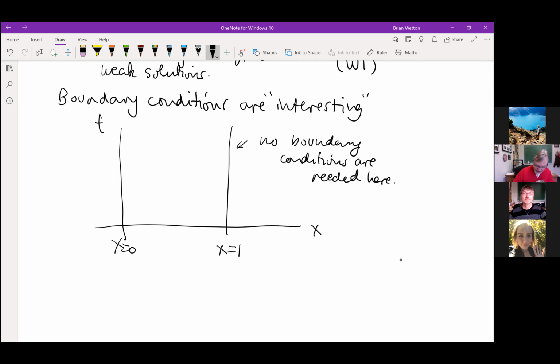And now let's look at where the information from the initial conditions can go. The initial conditions are moving with speed 1.